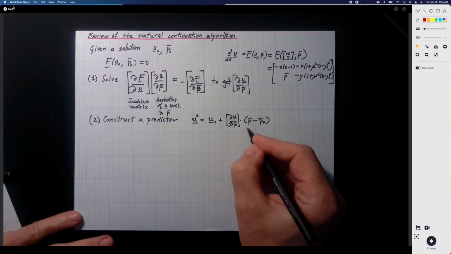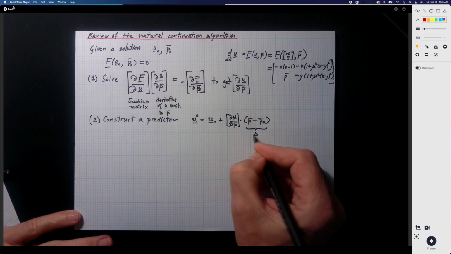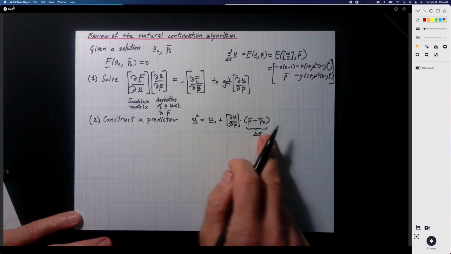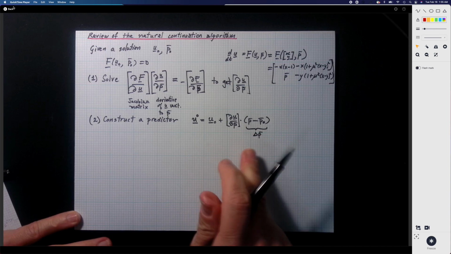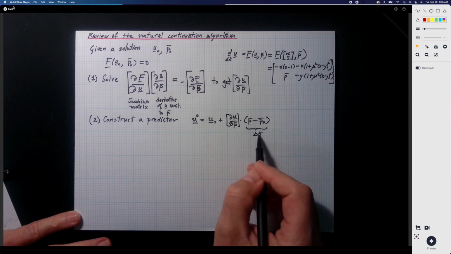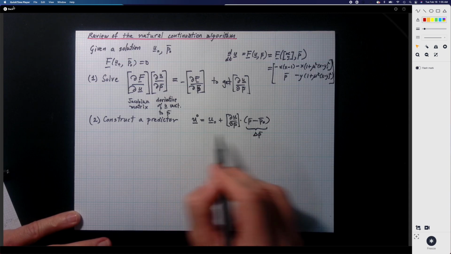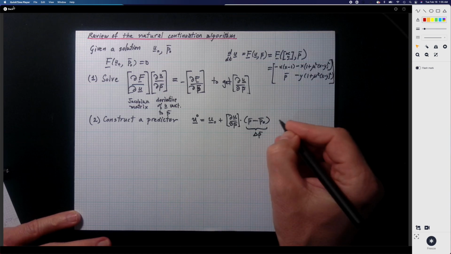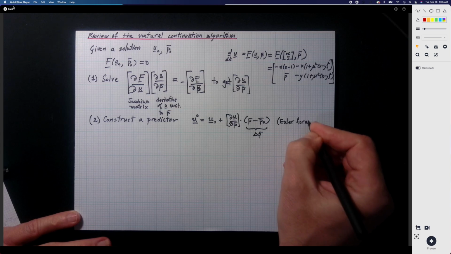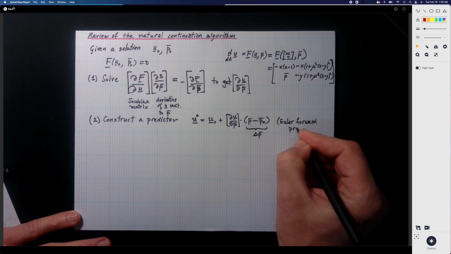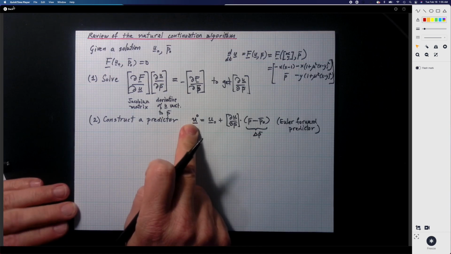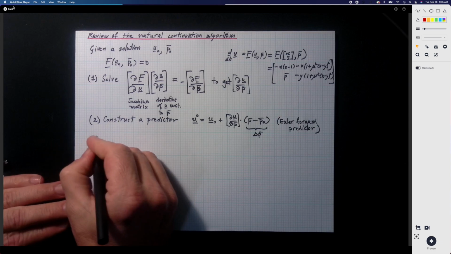So this is the increment in the P bar value, delta P bar. And this should look familiar. This looks a lot like an Euler forward stepping scheme. Instead of stepping in time, we're stepping in P bar space. So we're moving the parameter, but we're integrating the equation. So this is called an Euler forward predictor.